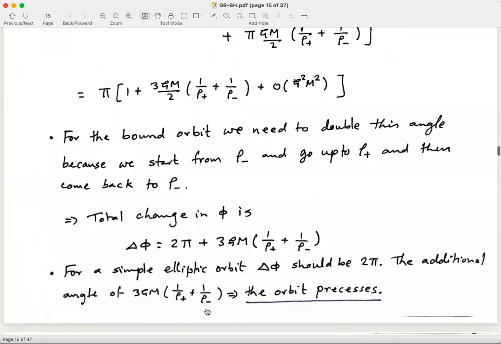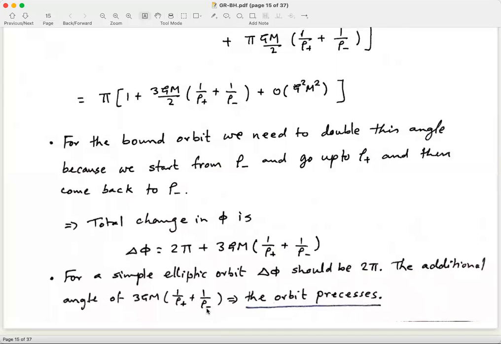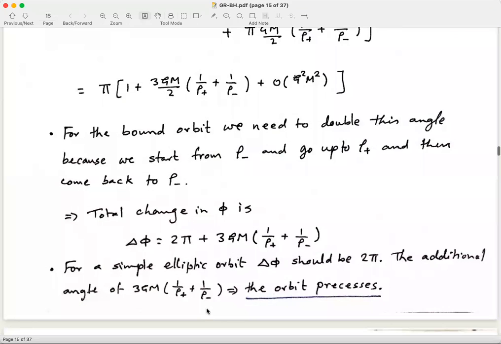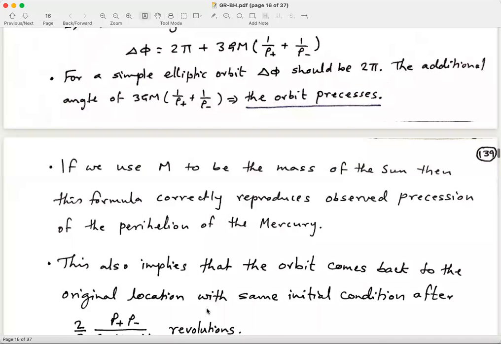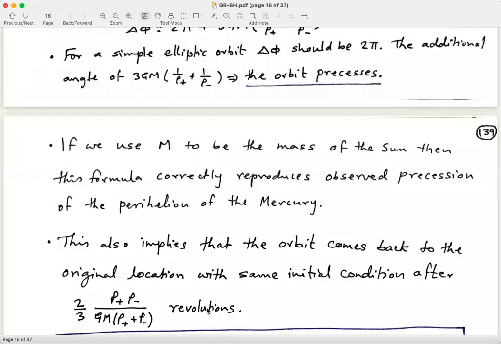So what one finds is that after completing one revolution, the planet actually doesn't come back to its own position, but it is a bit shifted, and the orbit keeps shifting around, and after making a number of revolutions the orbit actually comes back to the original one.